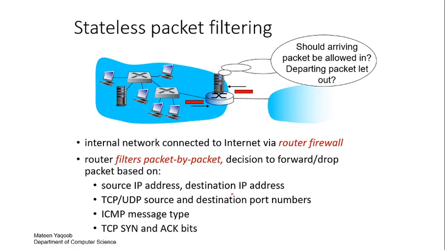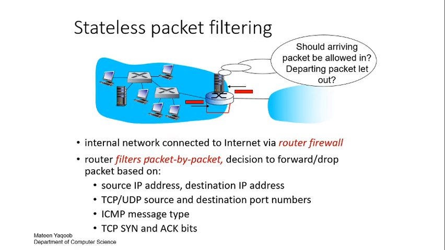The internal network is connected to the public internet using a router firewall, and this is the router here, which has the implementation of the firewall. All the packets will go through it and come through it as well.